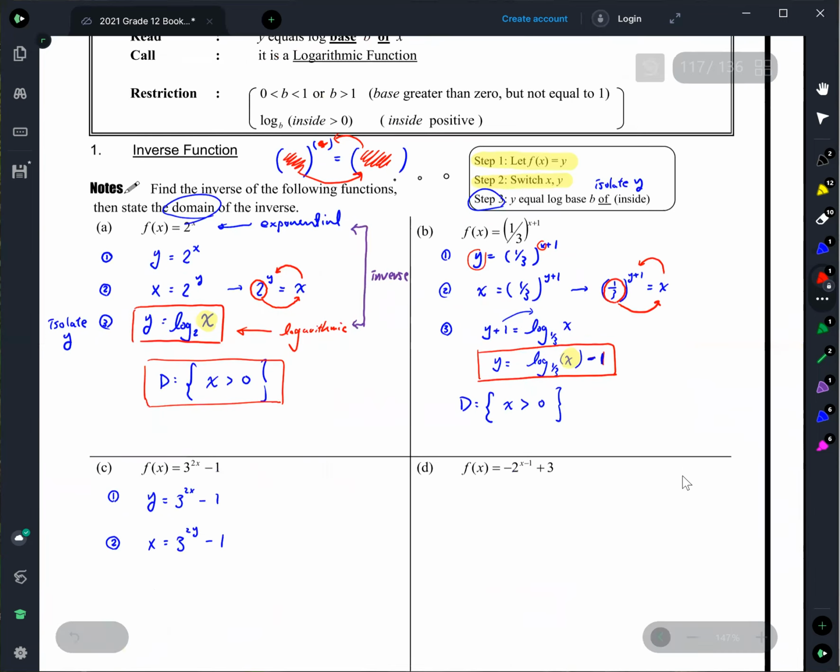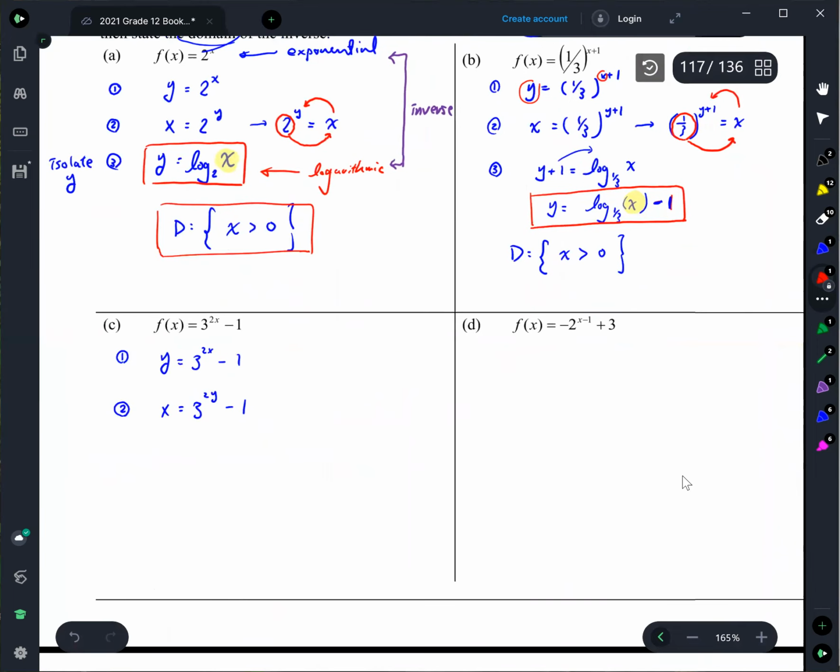So for this one, in your step 2, you need to move the minus 1 to the other side. I move this over. So you would have x plus 1, this is together, equal to 3 to the 2y.